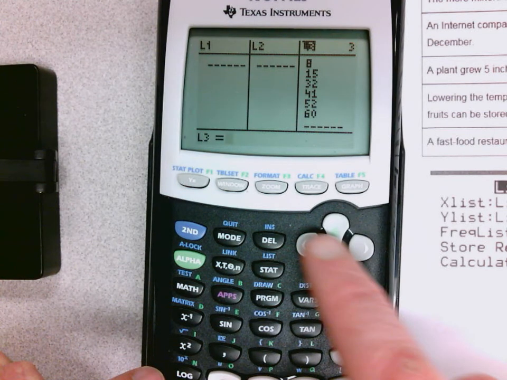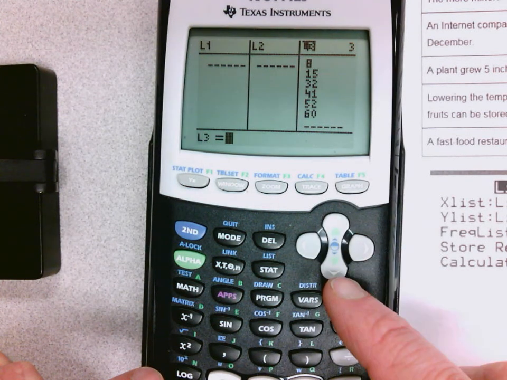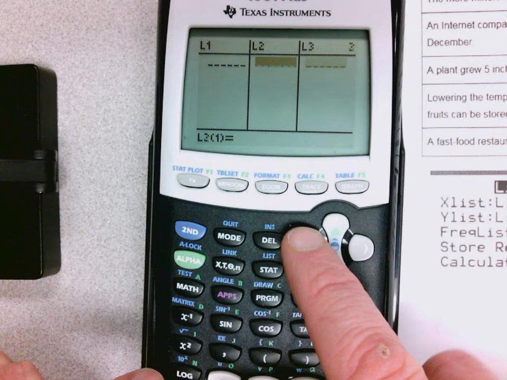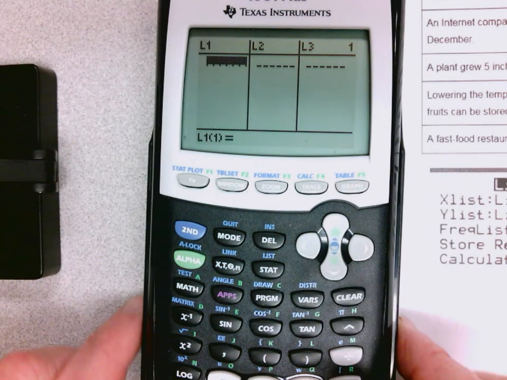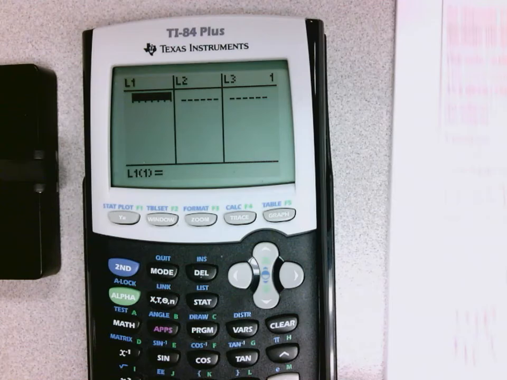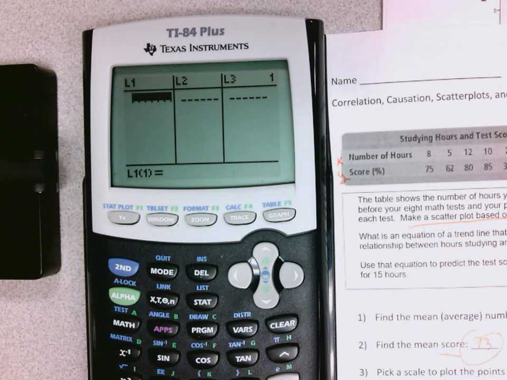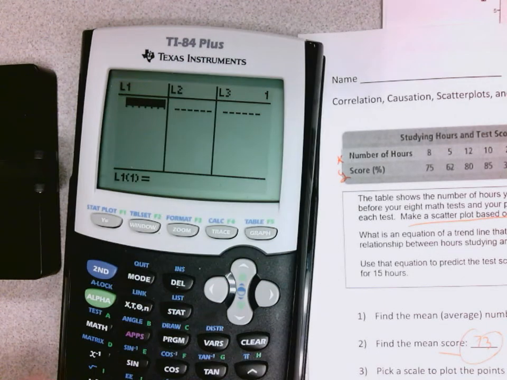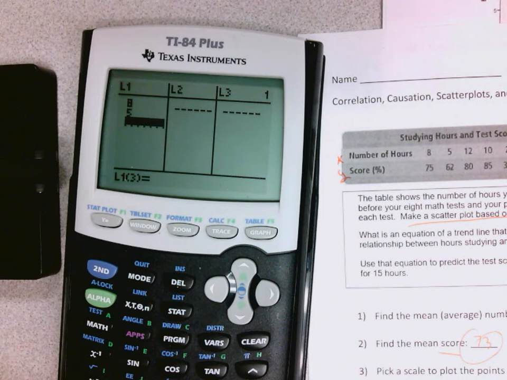So in list 1, I'll just go back to the original problem. You could put the x's, so 8, 5, 12, 10, 2, 9, 11, 14.